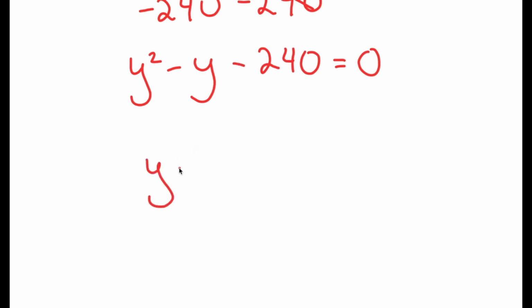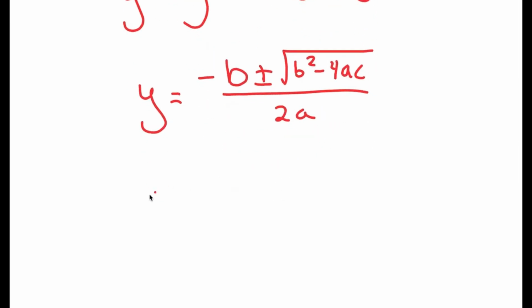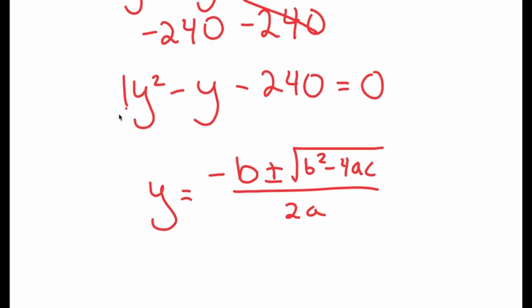So if you guys didn't already know, the quadratic formula is negative b plus or minus the square root of b squared minus 4ac all over 2a. So in this case, looking over here, a is 1, b is negative 1, and c is negative 240.